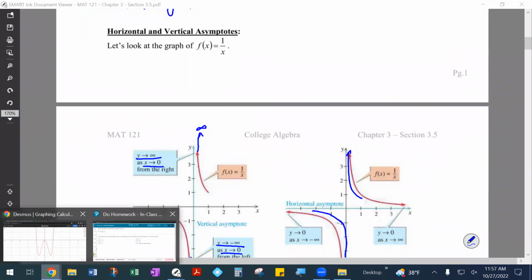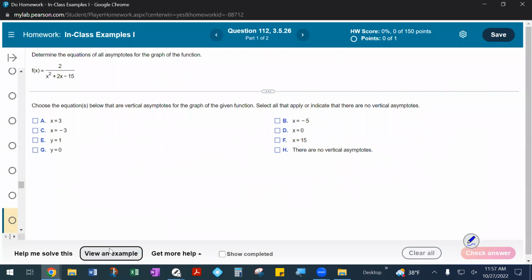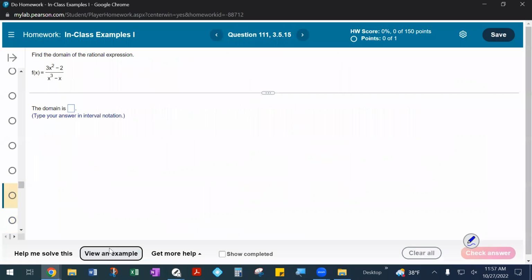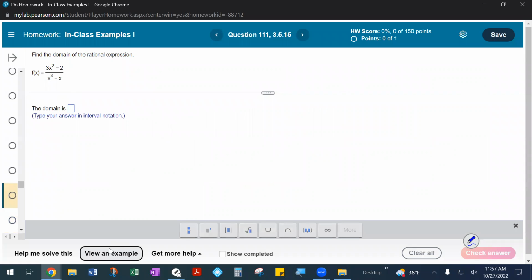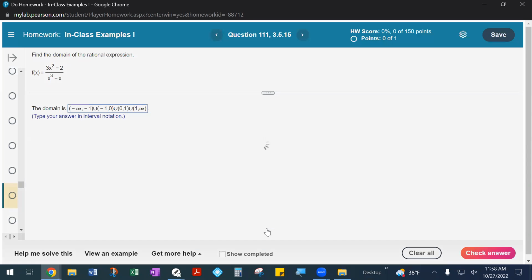So for the function we just looked at, I think I already erased our work. Oh, did I not type in our answers? So this one was -1, 0, and +1 we couldn't use? So negative infinity to -1, union, we went from -1 to 0, from 0 to 1, and then from 1 to infinity.